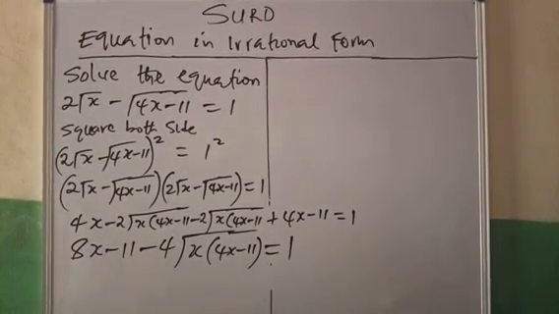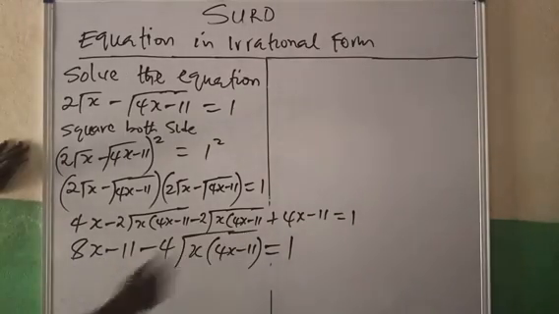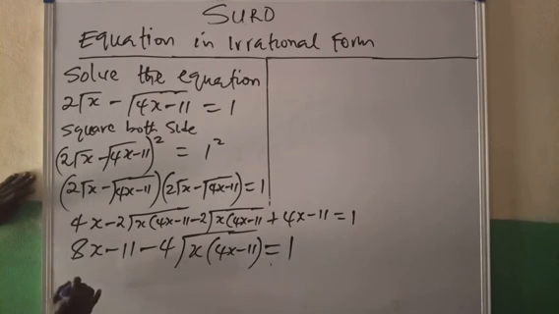Then we can now collect like terms. We move this one to the other side. So we will obtain 8s, and minus 11 we move here.